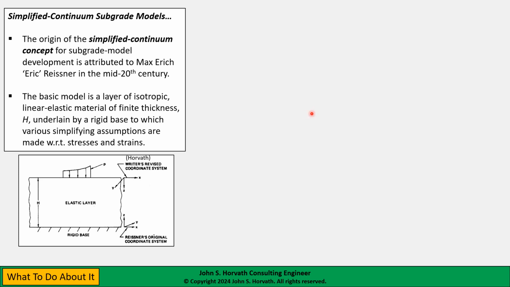Basically, the simplified continuum concept and the subgrade models that evolve from it say that if we start with a homogeneous isotropic elastic layer of finite thickness H, and we make simplifying assumptions to the various governing equations for that elastic layer, we can wind up with a simplified subgrade model.